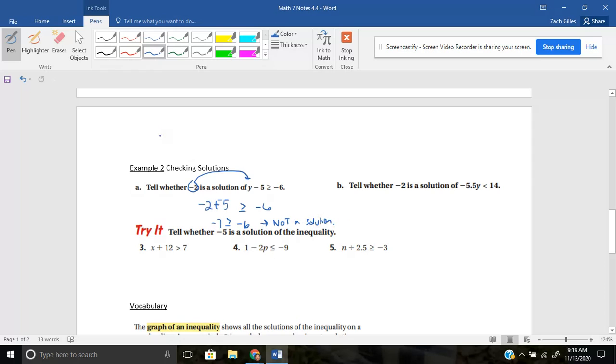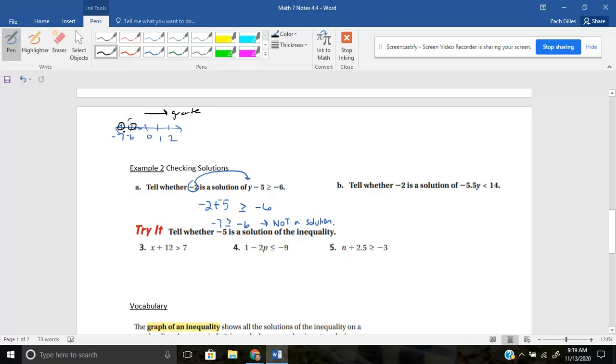Because, remember, if this is my number line, say this is 0, this is 1, this is 2, I'm going to skip a few. This would be negative 6, this would be negative 7. If I'm comparing negative 6 and negative 7, which numbers to the right are always greater?